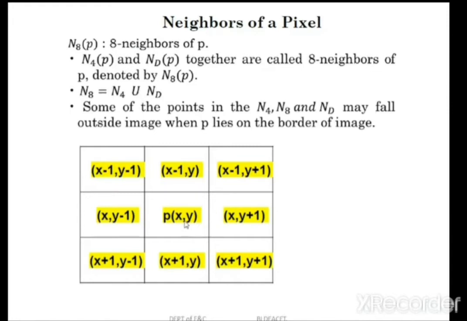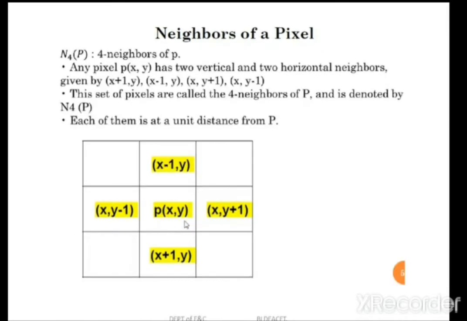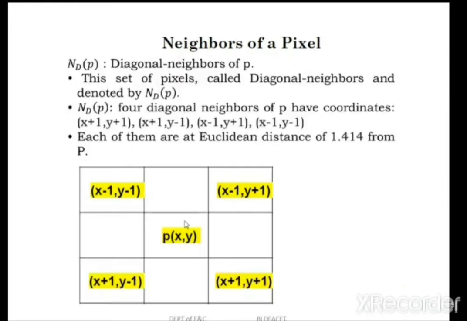Okay, so we have seen 3 different types of neighbors, 4 neighbors. So in case of 4 neighbors, we consider 2 vertical and 2 horizontal neighbors of the pixel. And in case of diagonal neighbors, we consider the pixels which are diagonal to the pixel P at location x comma y.